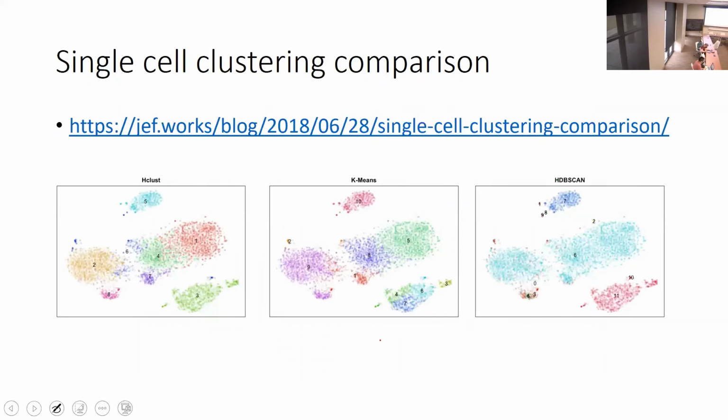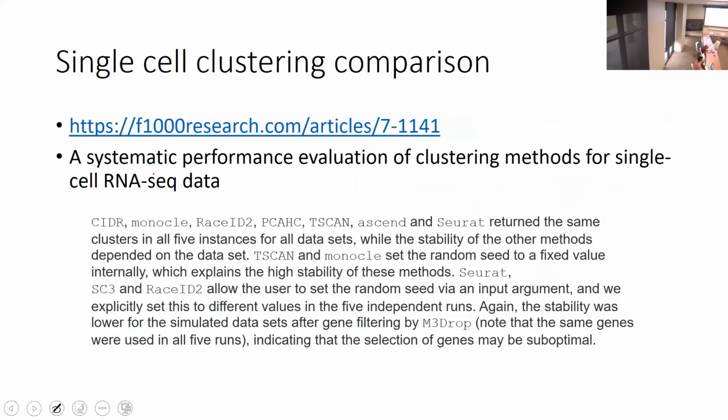Okay, so here are some blog articles about it. Apply k-means and DBSCAN and another clustering algorithm to the same data and try to compare what's the difference between them. You can try them out.